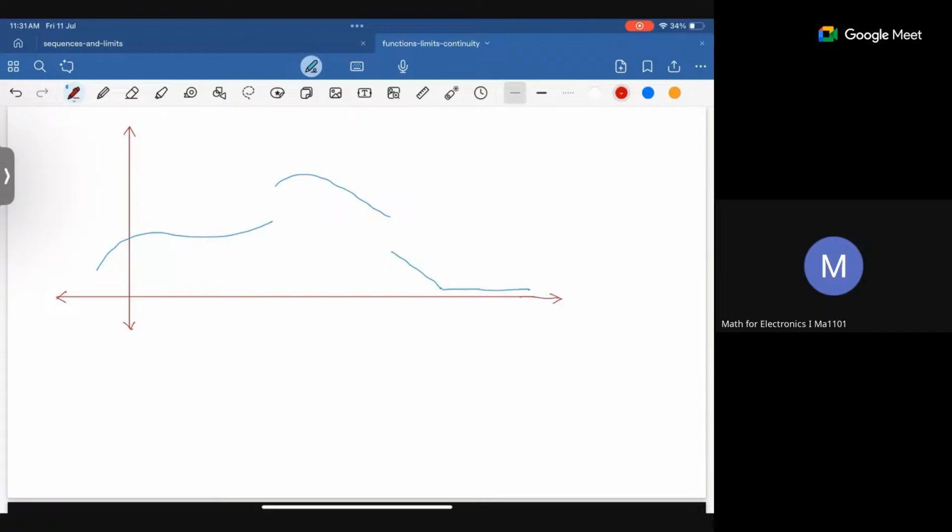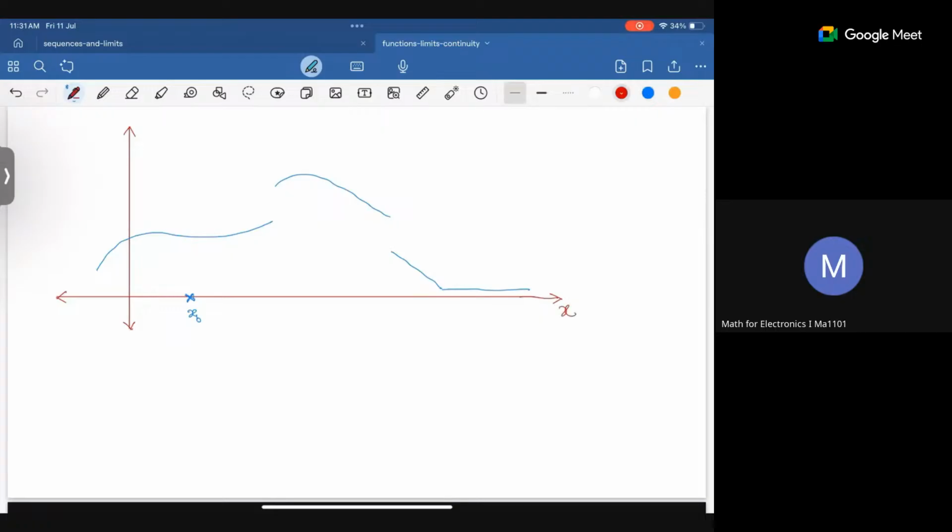All we are interested in is computing the limit of a function at a point. The limit of a function always talks about a point. Now my point of interest is this. Let's say this is point x0. Now I want to conclude whether the limit exists at x equals x0 or not.